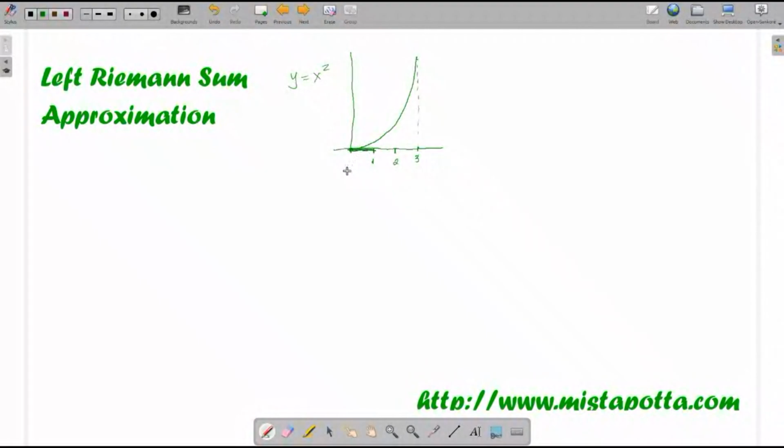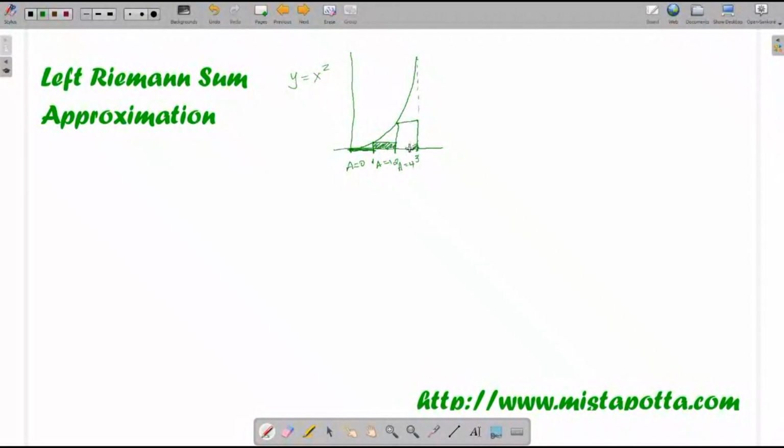So from 0 to 1, I'm using the left endpoint, and I actually have an area of 0 here. For this rectangle, I'm using it from 1 to 2 with a height of 1, and so my area is 1. And for this rectangle, the height is 4 and my base is 1, so my area is 4.